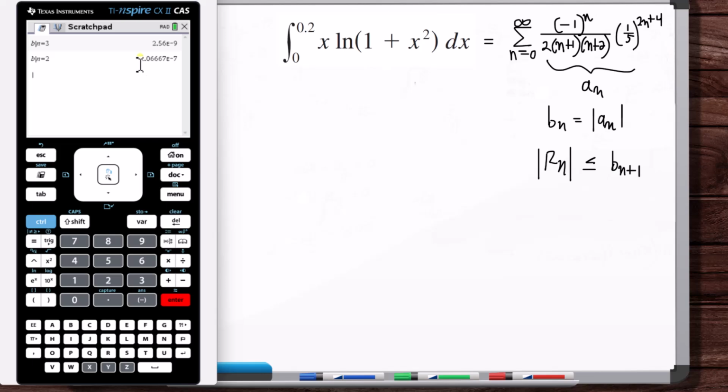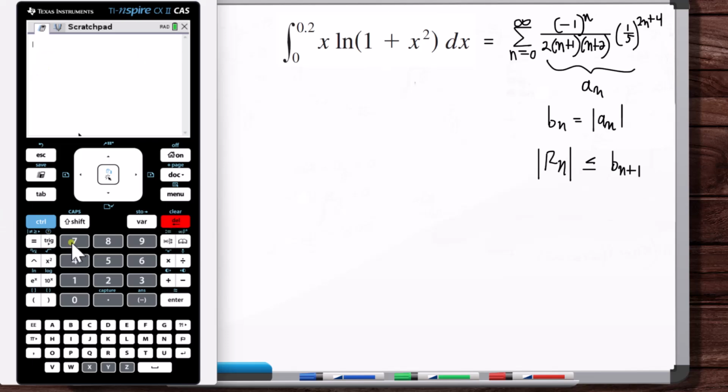Technically, if someone says the absolute value of your accuracy is less than this, then it's very close to 6 decimal places, but it's not quite there. So we're going to use this. This is the b sub n plus 1. That means we want to calculate that partial sum going to 2. So we want to sum n equals 0 plus n equals 1 plus n equals 2, and we'll be accurate to within 6 decimal places.